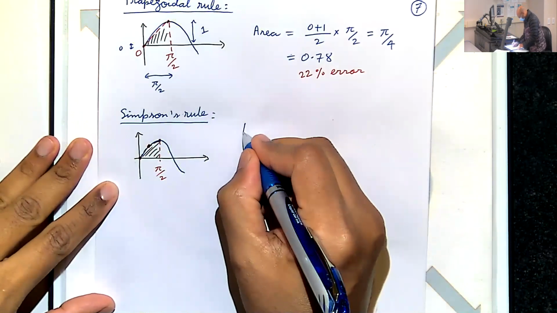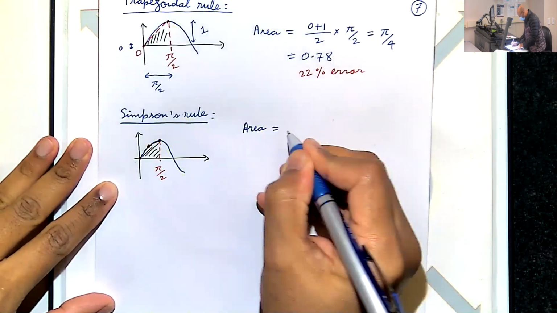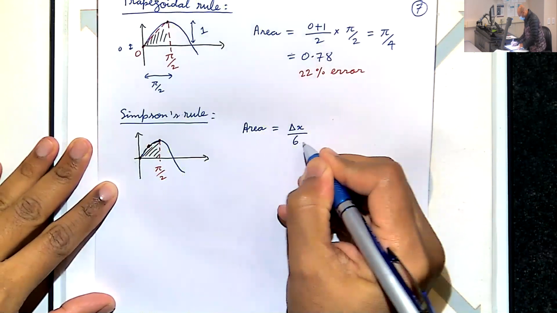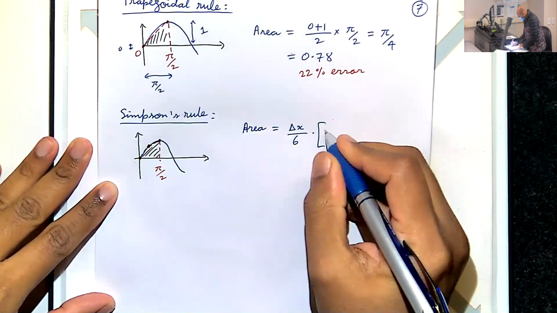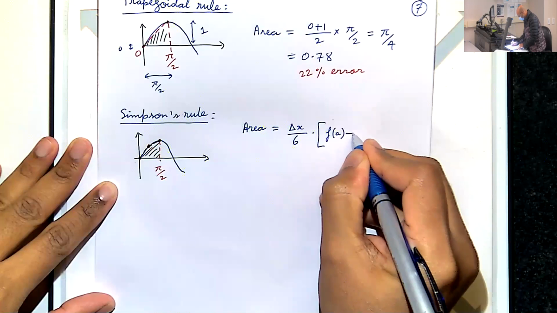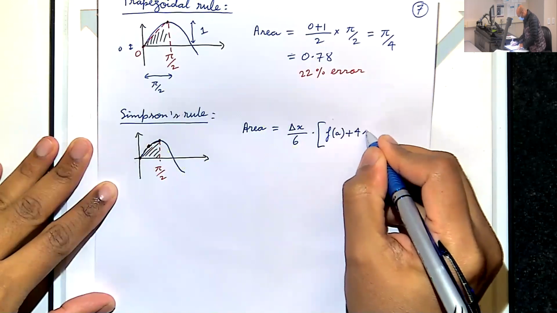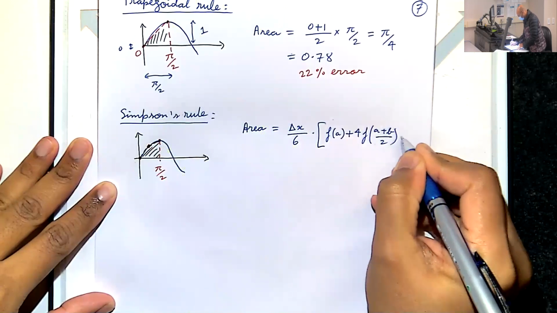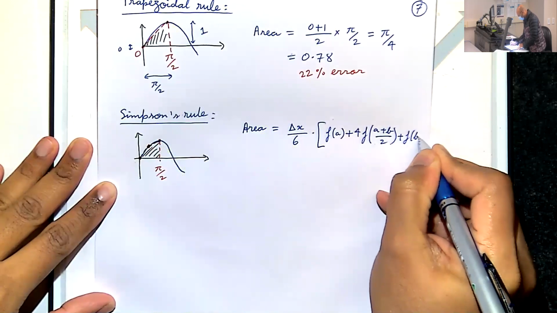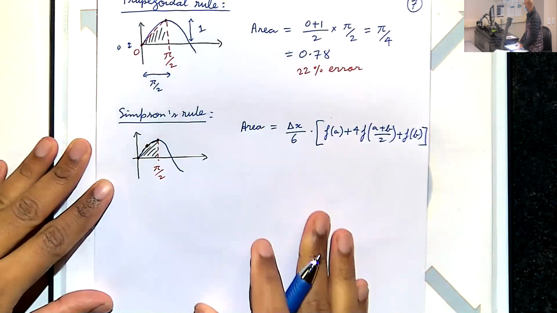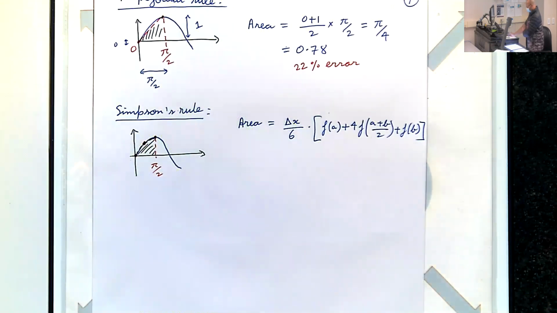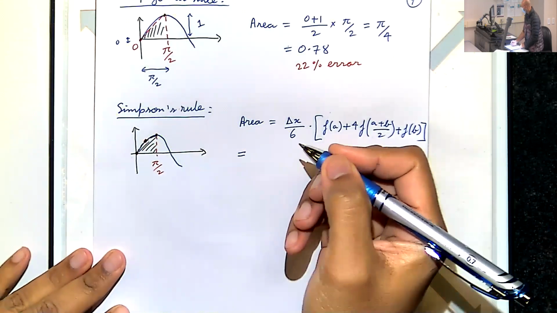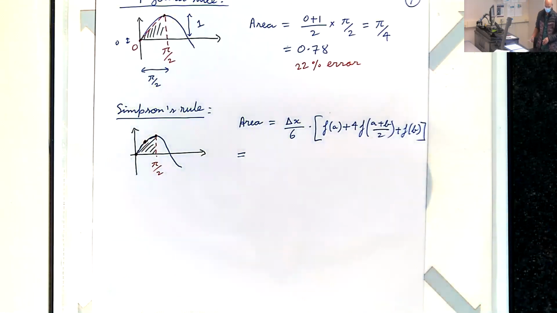Let me just remind you, the area will be delta x over 6 times f of a plus 4 f of the midpoint plus f of b. I'm not going to write the numbers.